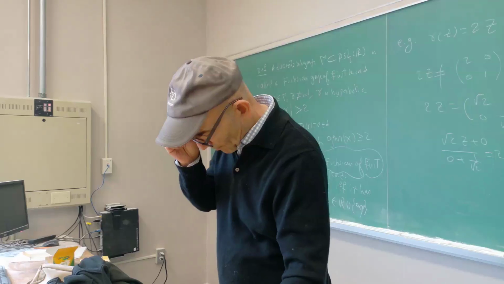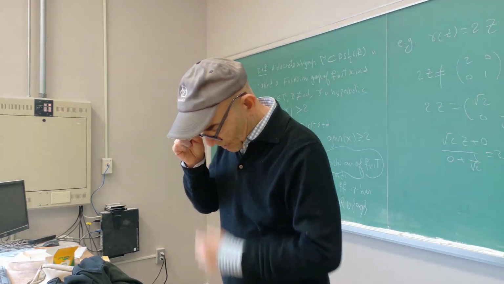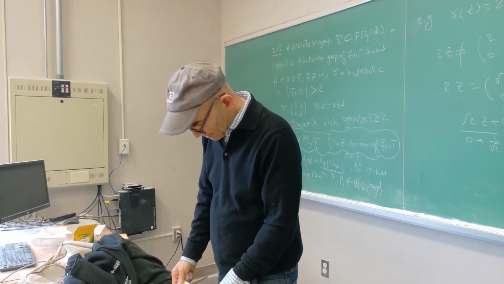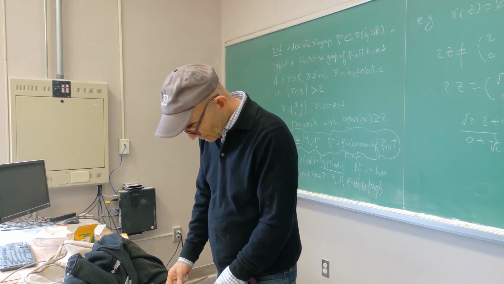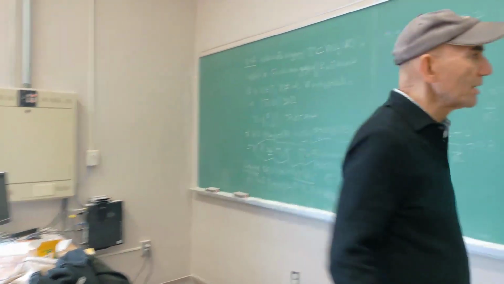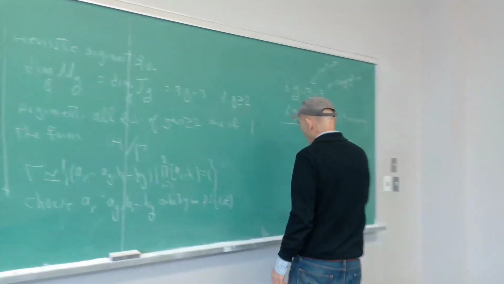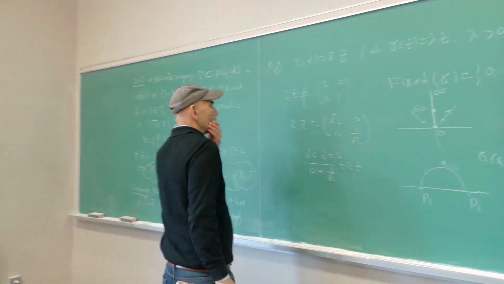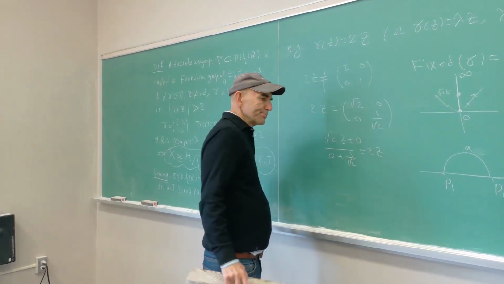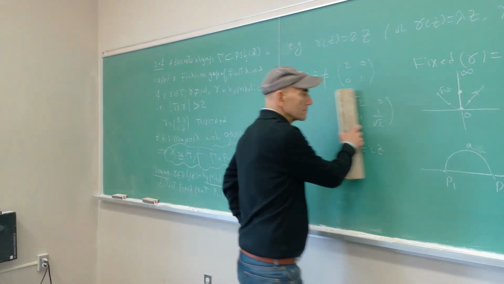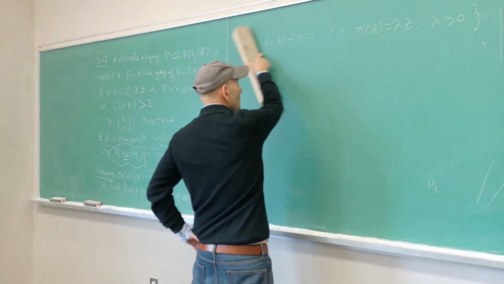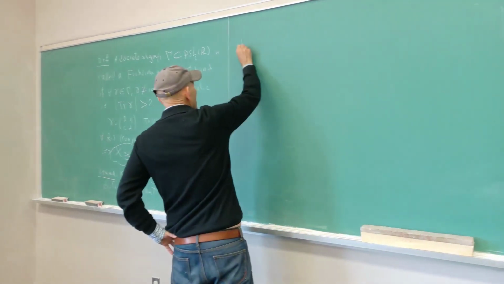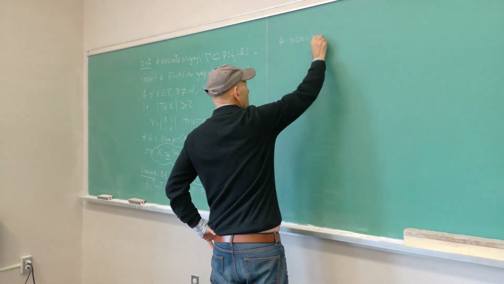Now, I want to give another angle on Riemann surfaces, which is, oh yeah, before we move on, let me give you a subgroup which is not hyperbolic, a non-hyperbolic one.